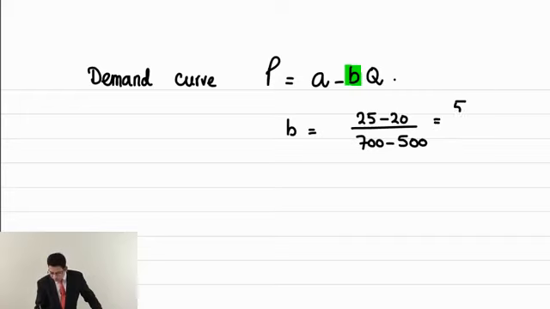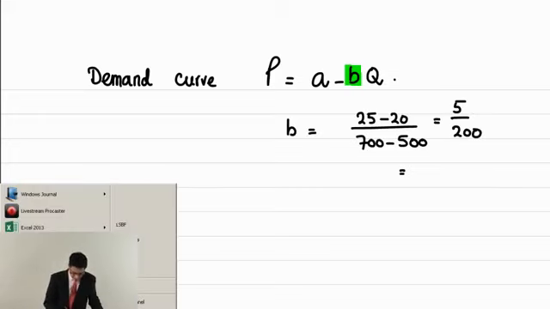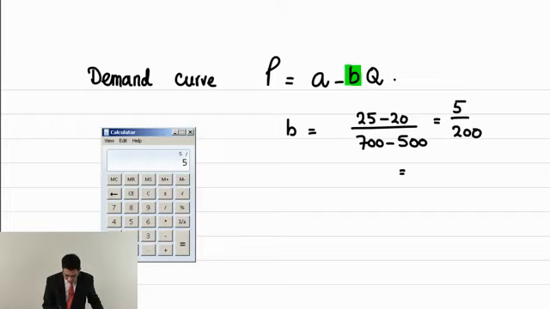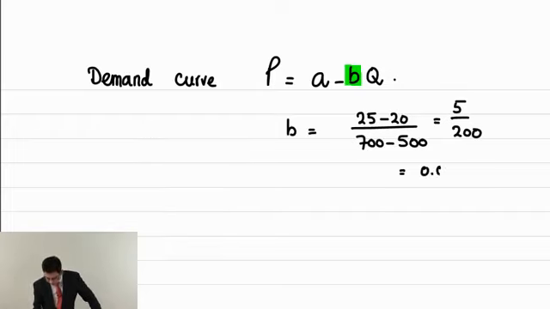That comes to 5 divided by 200, and 5 over 200 equals 0.025. This is the relationship between price and quantity.